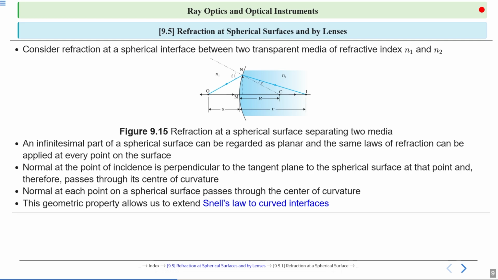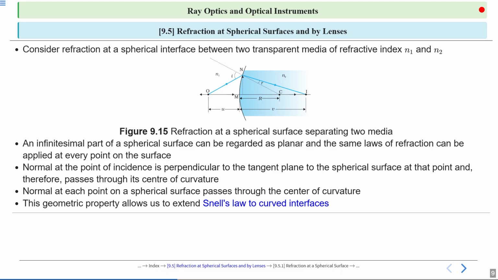Snell's law says n21, the refractive index of the second medium with respect to the first medium, is equal to sin i by sin r. How do we determine the angle of incidence and angle of refraction? By drawing the normal. On a plane surface we can draw the normal, but on a curved surface, how do we determine them? By drawing the normal on the spherical surface.